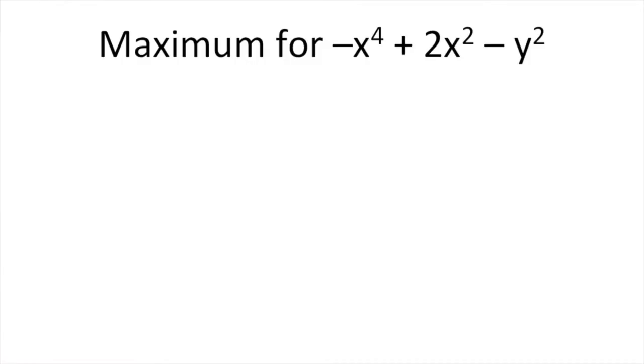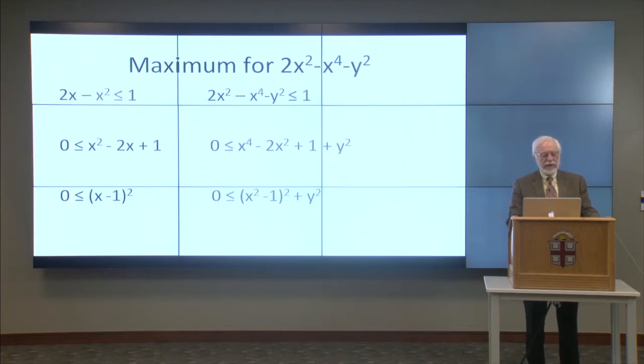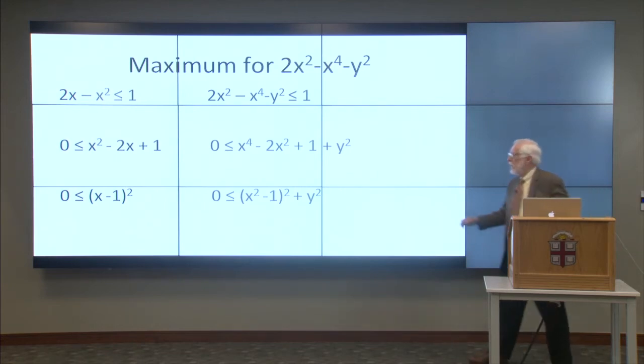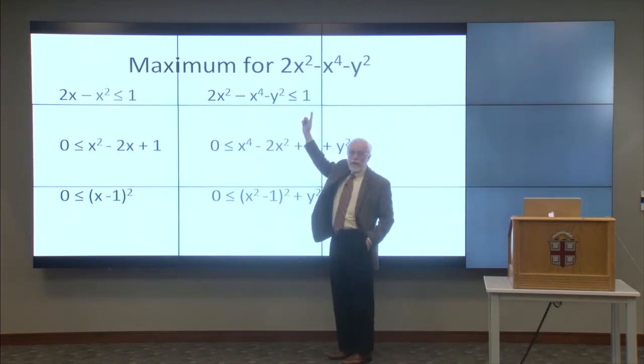We can go back and look at the algebra. The algebra was asking us to maximize this particular expression of two variables, minus x to the fourth plus 2x squared minus y squared. And we can use the same algebra that we did before. The expression 2x squared minus x to the fourth minus y squared we think is less than 1. We've seen it on our visual examination.